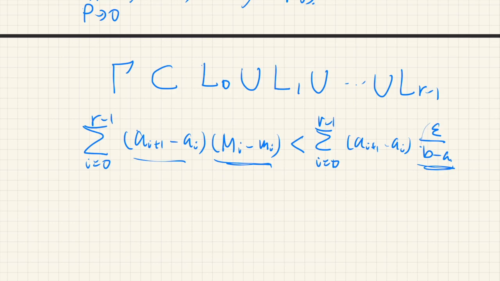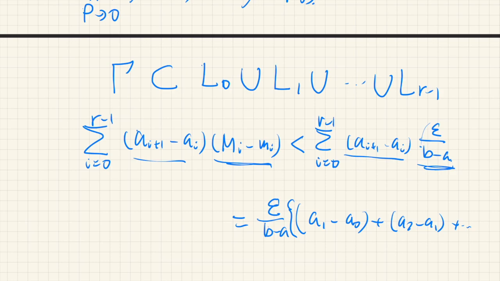This is a constant, so we can take it out of the summation. And the remaining sum, if we expand, is a_1 minus a_0, and a_2 minus a_1, and so on, and in the end a_r minus a_{r minus 1}. This a_1 is cancelled by this a_1, this a_2 by another a_2, and so on, and everything is cancelled except for a_r and a_0.